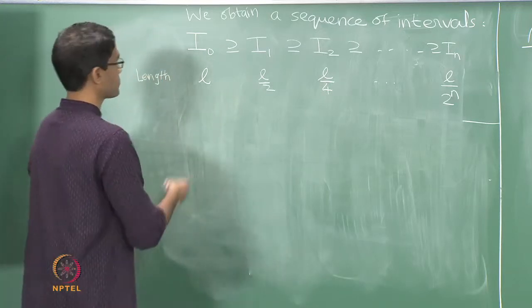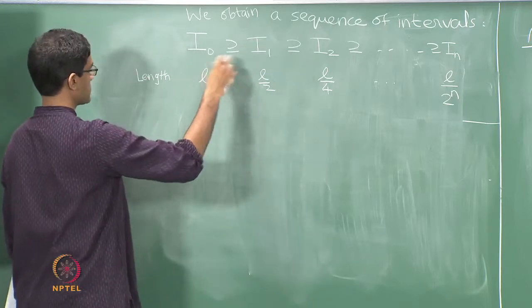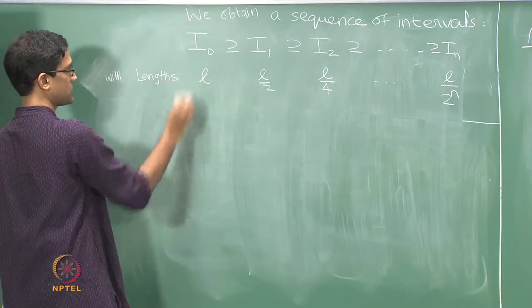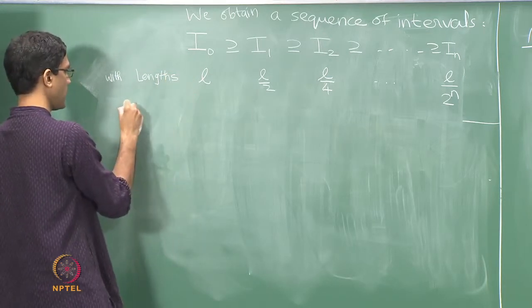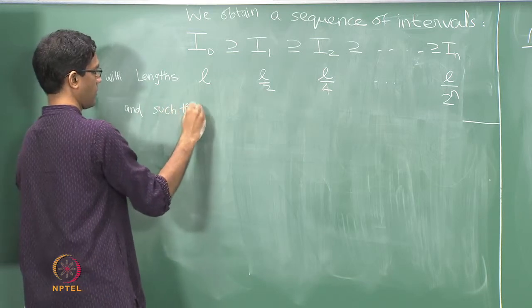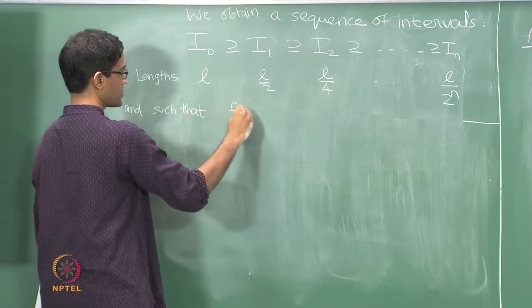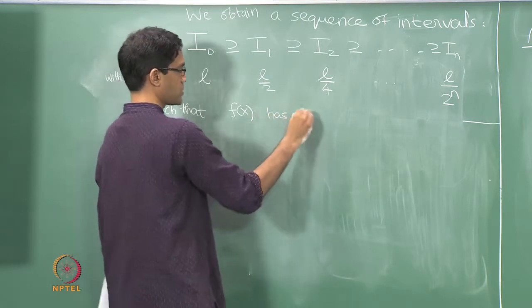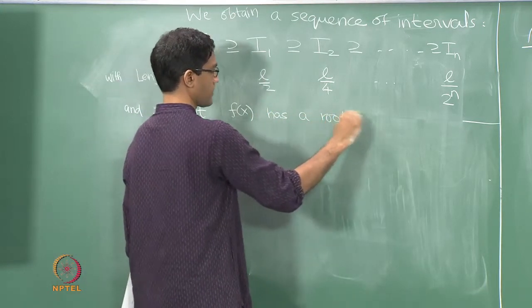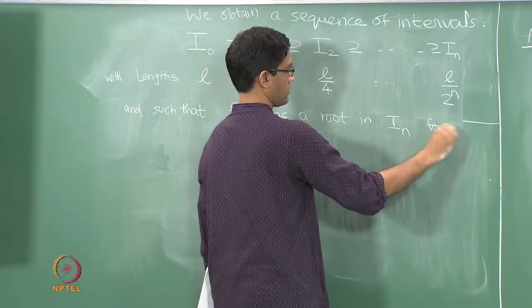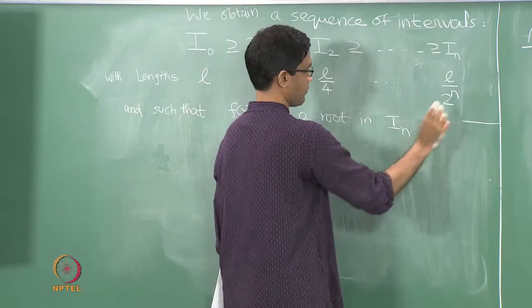At every step, we obtain a sequence of intervals with these lengths, and what's the key property? Such that f of x has a root in In for all values of n that you have obtained.